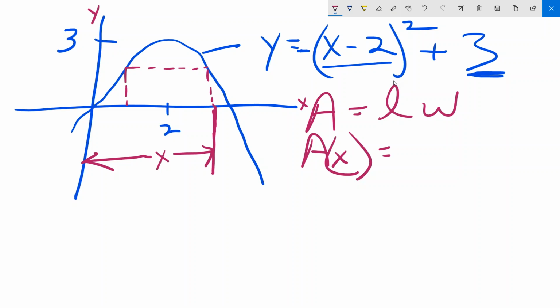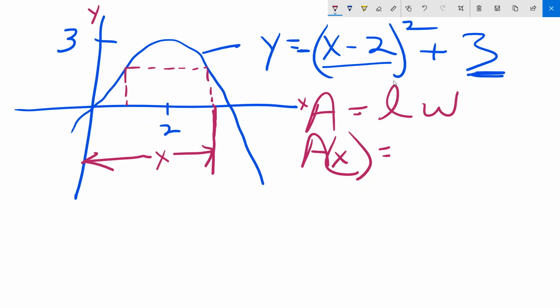Okay. In other words, the equation of that parabola has been shifted to the right by 2 units and up by 3 units. So those points are known. The question is, what is the length of that rectangle? It's not x.